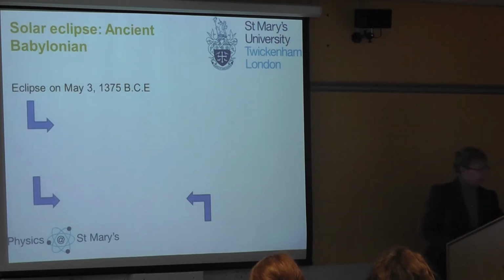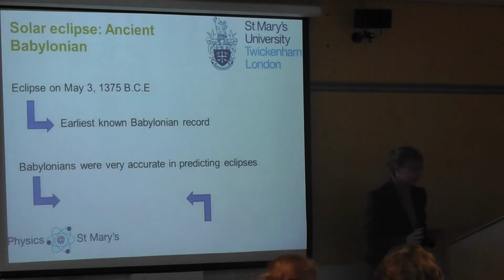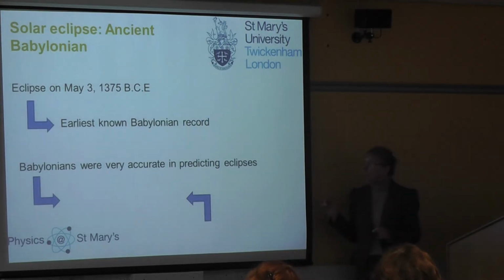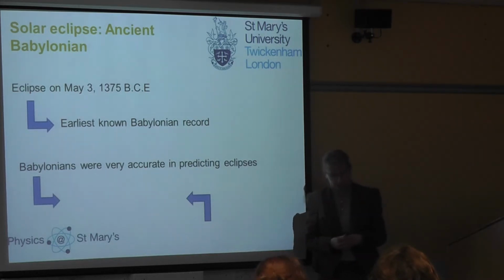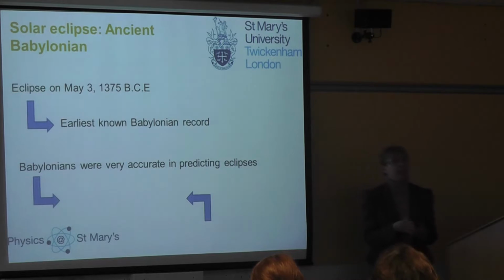Now, Babylonians were extremely accurate in predicting eclipses. They were very, very good at it. In fact, it is because of this knowledge that biblical scholars try to understand when some of the events in the Bible were happening.